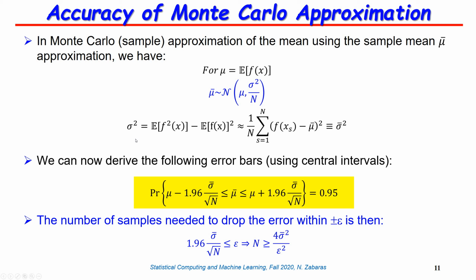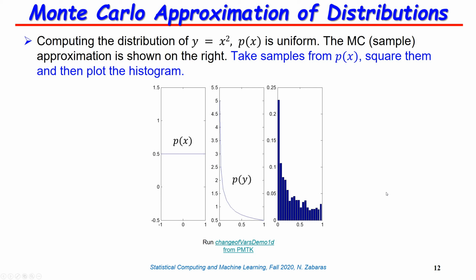And Monte Carlo methods, we will see in the course, can imply a lot of different things, but I use the word Monte Carlo here to imply anything that uses samples to do approximation. So in some sense, when I evaluate my true mean with the sample mean, that's a Monte Carlo method, right? The same thing for the variance. So let me show you a few examples of this type of Monte Carlo methods.